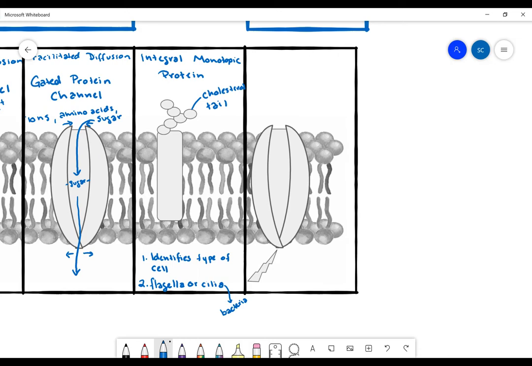So I'm going to pause there. Do you have any questions so far? Rachel, you have a question? Just going back to the gated protein channel, you said that typically the entrance is on the extracellular side?